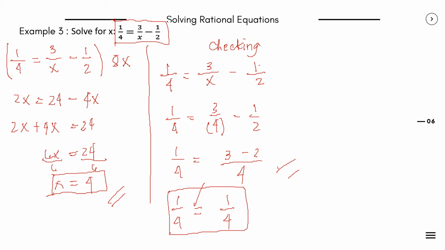Lalo na sa pagsisimplify ng double fraction. Maraming double fraction, yung numerator niya fraction na siya, tapos yung denominator niya fraction na siya, kagaya ng example natin kanina. Okay, so my advice sa inyo, para hindi kayo mahirapan when it comes to solving rational equation, is review the basic knowledge about applying the four fundamentals in fraction. Okay? Next.